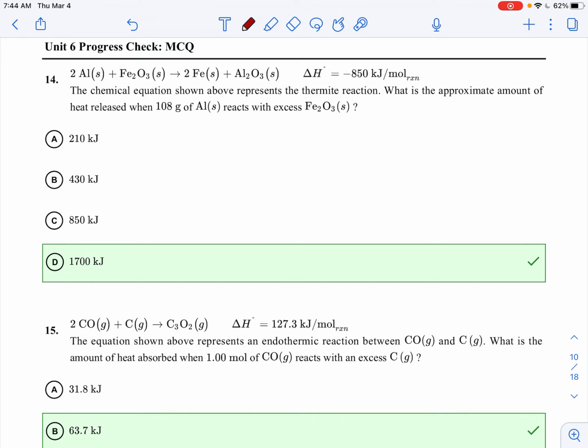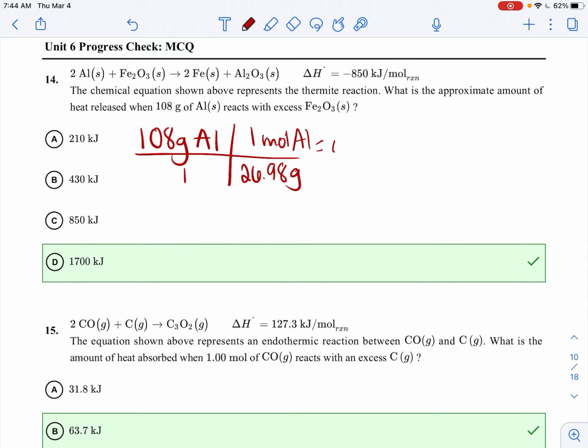Okay. So first we're having 108 grams of aluminum, and I want to know how many moles of aluminum I have reacting. So I'm going to divide by molar mass, and that's going to give me 4 moles of aluminum. So I have 4 moles of aluminum reacting.